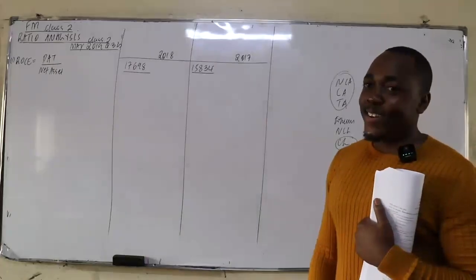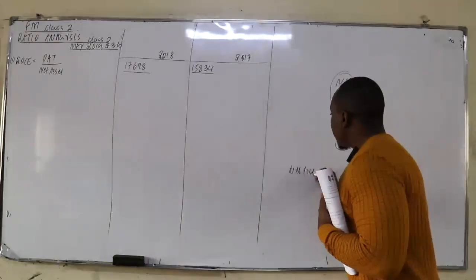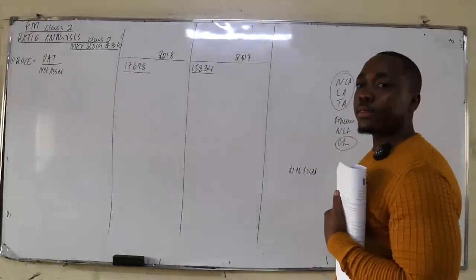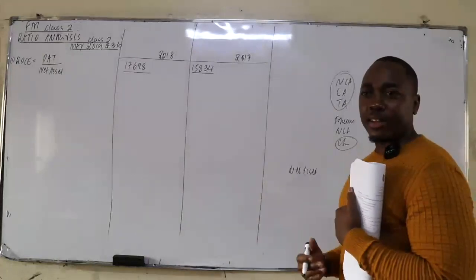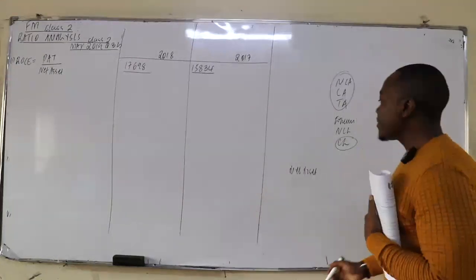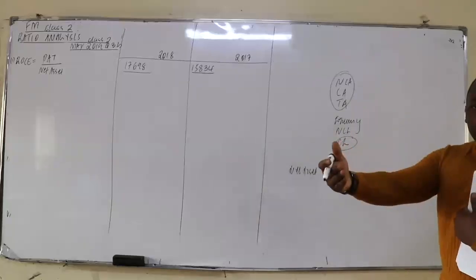Therefore, net assets are also known as what? Capital employed. Are you together? And how do you employ the capital? Equity, and you borrow to finance the project.